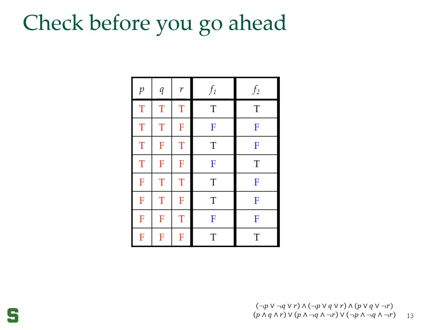Once again, we have reached the check before you go ahead slide. Here I have two formulae, one for F1, one for F2, and what I want you to do is identify the corresponding formula from the truth table of F1 and the truth table for F2. Note that in the first formula, F1, I have 1, 2, 3, 4, 5 true instances and 3 false instances.